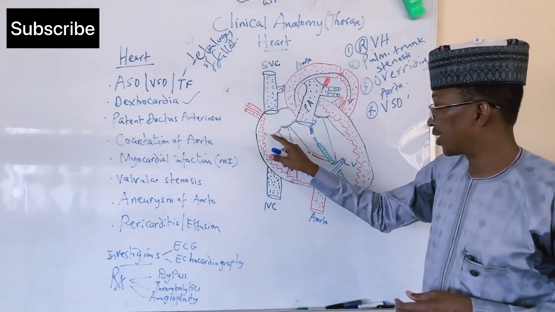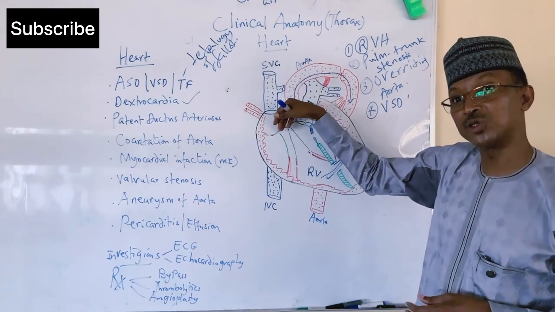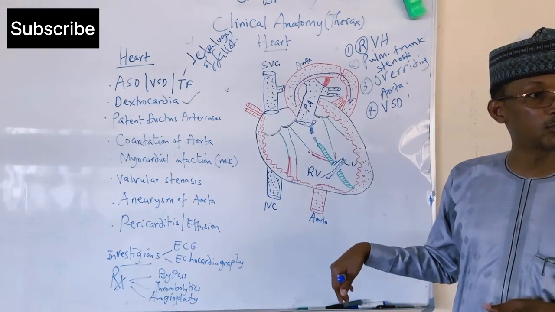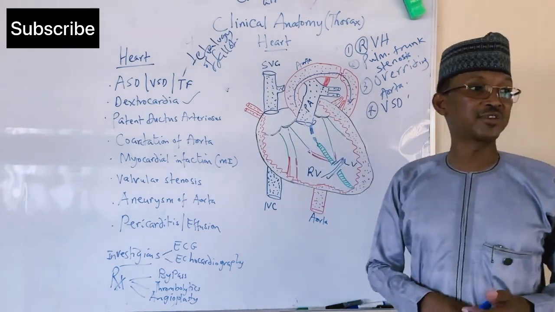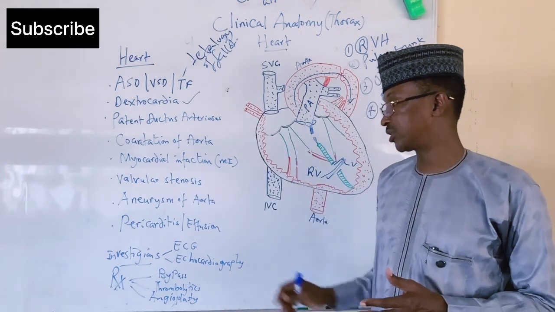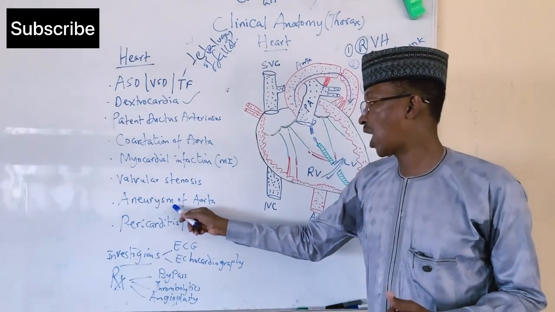If it is the tricuspid valve that is stenosed, the blood coming from the superior vena cava into the right atrium and then into the right ventricle is going to be low. The same thing happens on the left chamber of the heart. That is valvular stenosis.